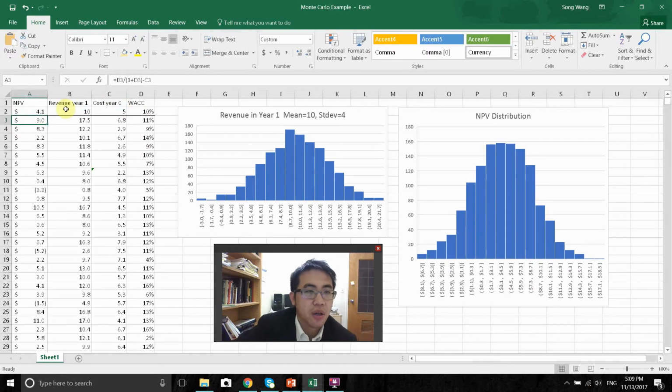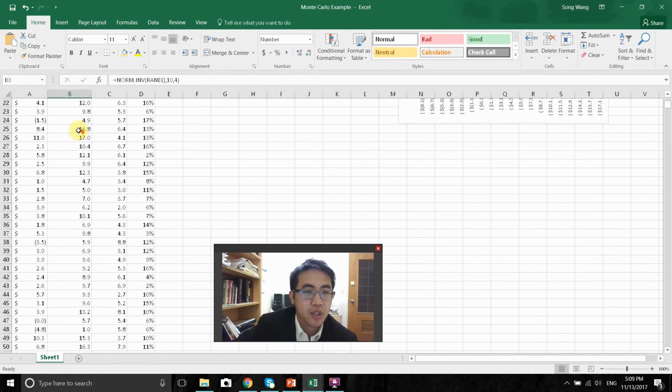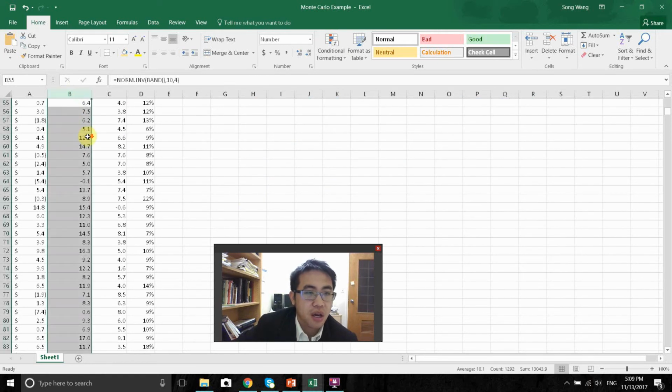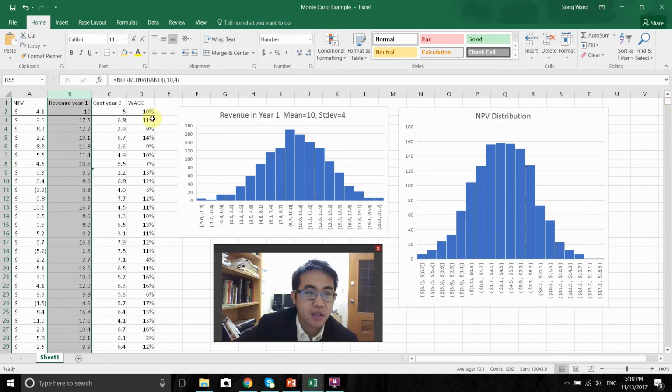So you're going to have one NPV for one scenario, and you generate the revenue based on a normal distribution. You can see in this column you have different numbers. These numbers are simulated based on a distribution with a $10 average and a $4 standard deviation. The machine just simulated it 1,000 times.